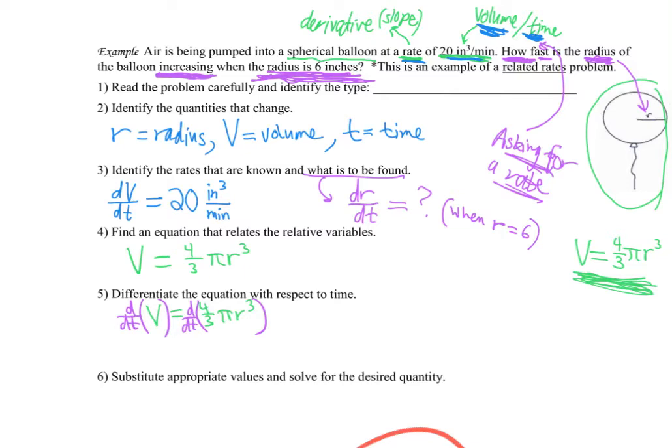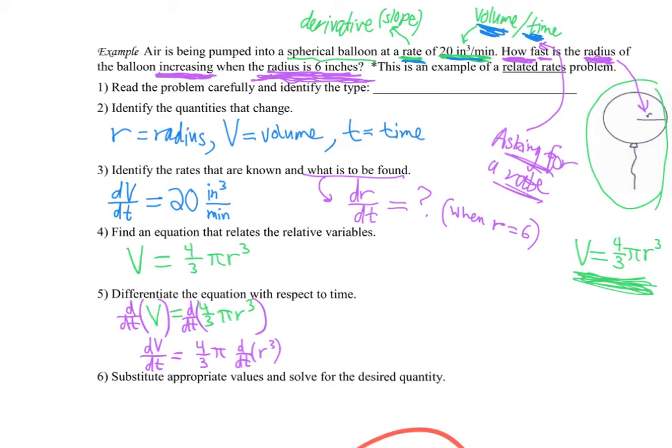Okay, so you should have had a chance to do the differentiation. Compare what you did with what I'm about to do. On the left hand side, dV/dt equals, well, 4/3 pi is just a constant, so I can take that out and put it in the front, and I end up with d/dt of r cubed.